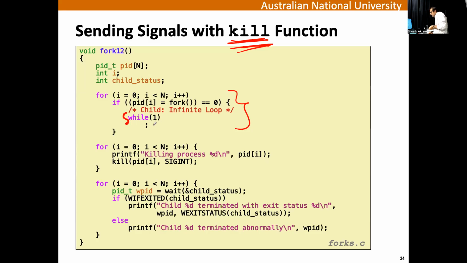And here, the parent is using the kill function to send a SIGINT signal to the child processes. Now, unfortunately, okay, this is one of your exercises. So you can use the kill system call, specify the process ID, and send a specific signal. So here, these signals will actually terminate the children.